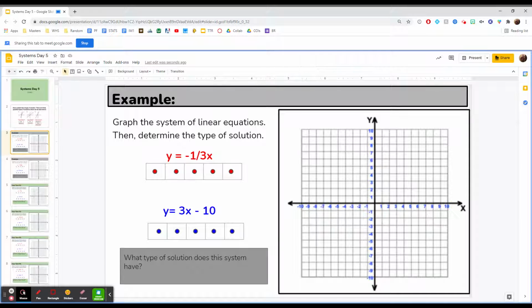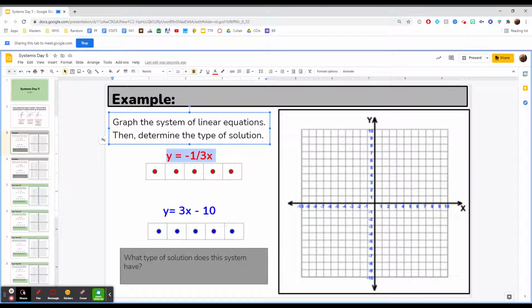In this first example, I have to graph the system of linear equations, then determine the type of solution. If there's one solution, then we are also going to put the solution as a point. Okay, so let's get started with the red equation. With this first one, I have y equals -1/3x.